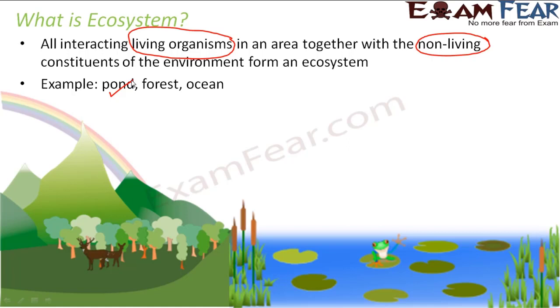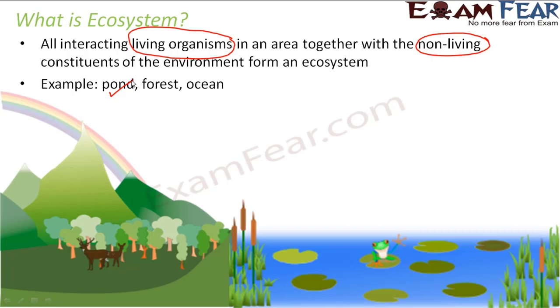Forest. Right? Inside the forest, you have so many plants, full of plants and trees, right? You have so many different varieties of animals, starting from big animals like lions, tigers, and elephants, to very small animals like small insects or birds. You even have non-living components like water, soil, hills, air.